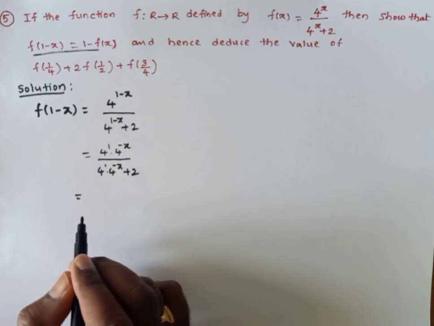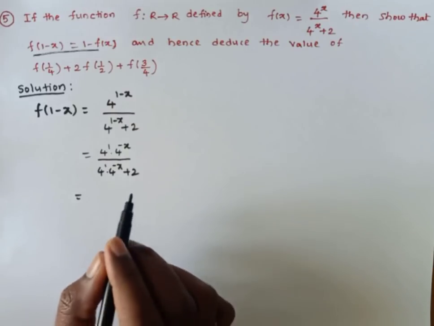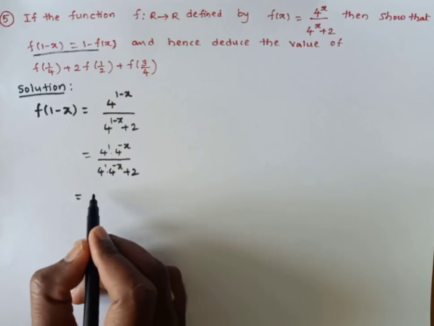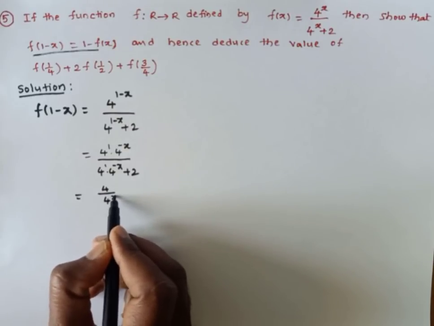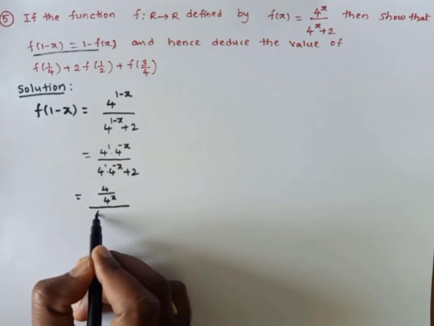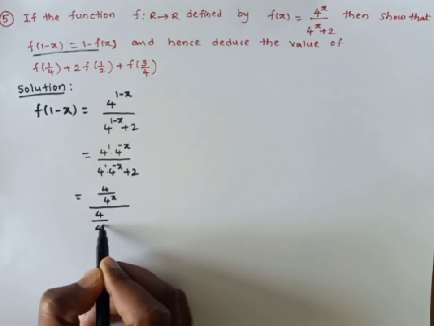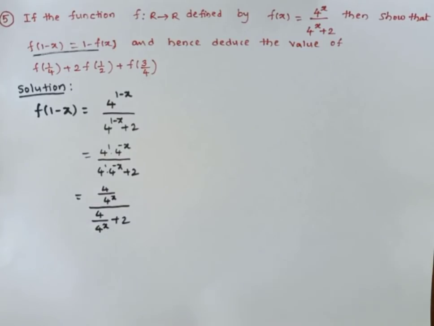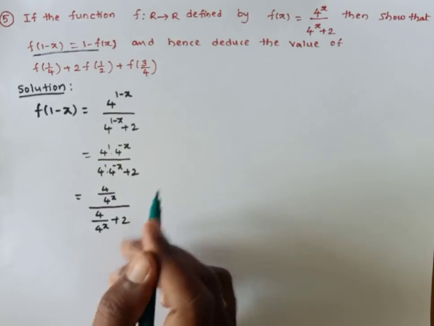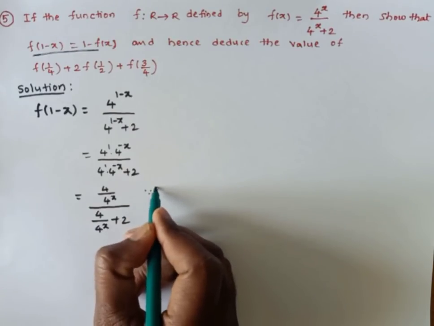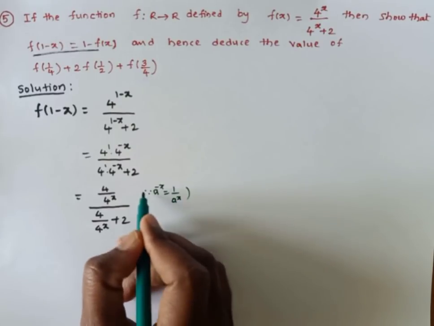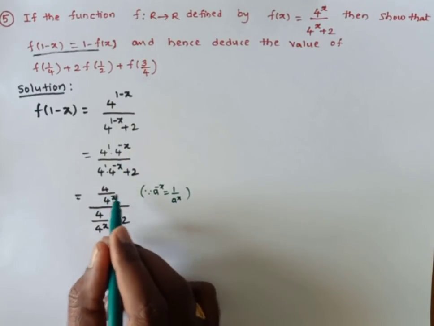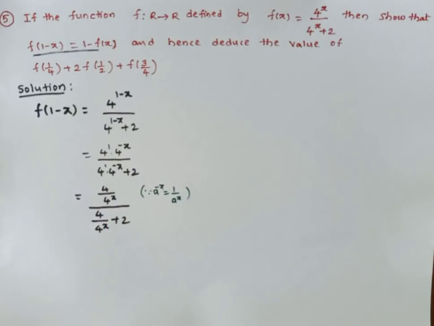It is in the form of a to the power of minus x, and a to the power of minus x is 1 by a to the power of x. So here I am writing this as 4 divided by 4 to the power of x, whole divided by 4 by 4 to the power of x plus 2. Here I am using that a to the power of minus x is 1 by a to the power of x, so 4 to the power of minus x can be written as 1 by 4 to the power of x.